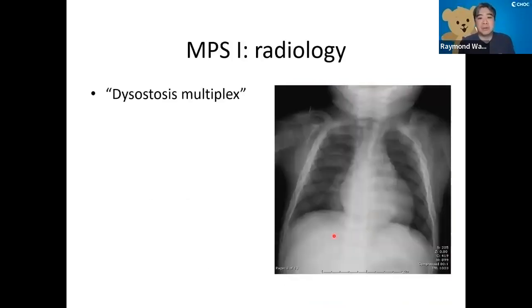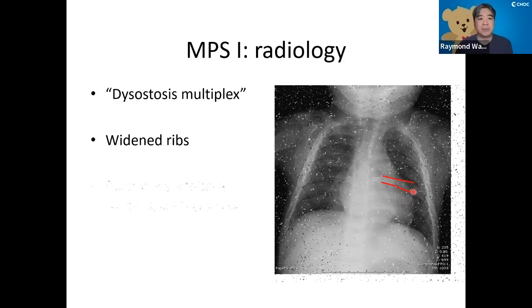As we go to radiographs, there is a radiographic constellation of findings, which is called dysostosis multiplex. And so oftentimes obtaining a skeletal survey can serve as a helpful adjunct to diagnosis. We can see widening of the ribs on the chest x-ray, or spatulate ribs is the other term.